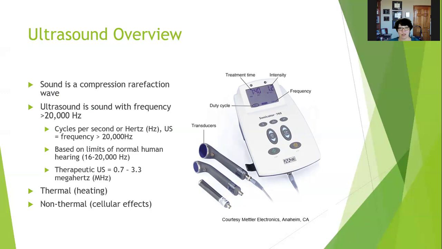So that's millions of hertz. So it's way above the range of normal human hearing. We can't hear ultrasound, obviously. You can use it for heating, thermal effects, or for non-thermal effects, which are cellular effects, which obviously you can't feel. You can't feel cellular effects, but it does have some proven effects.